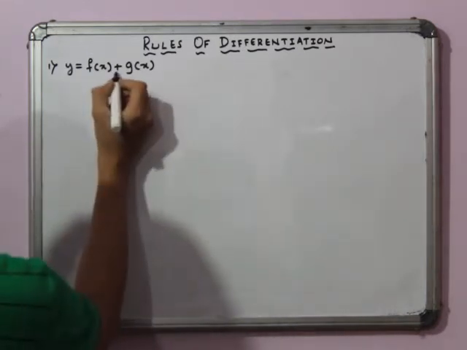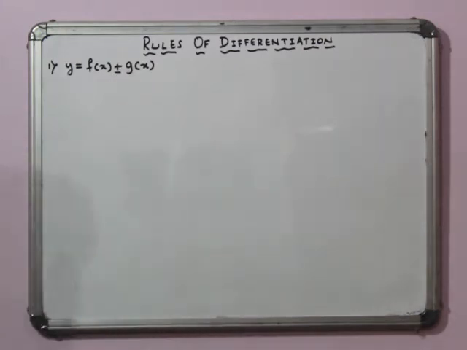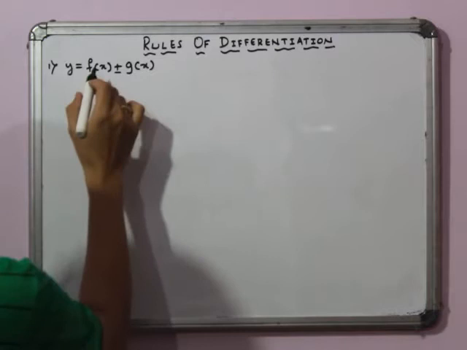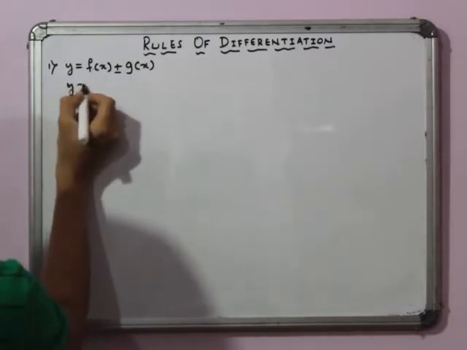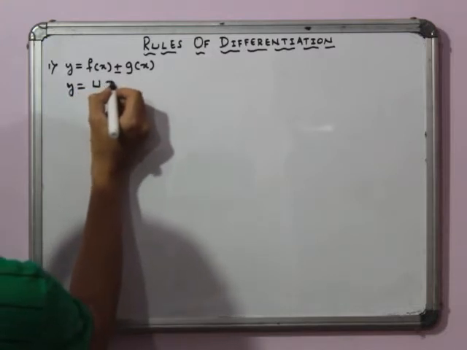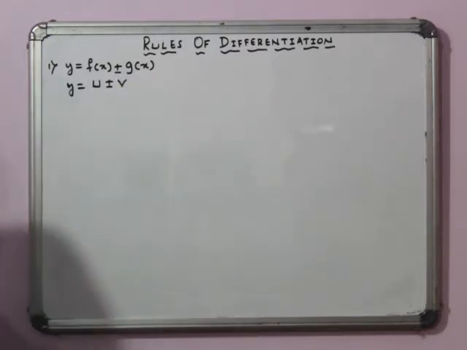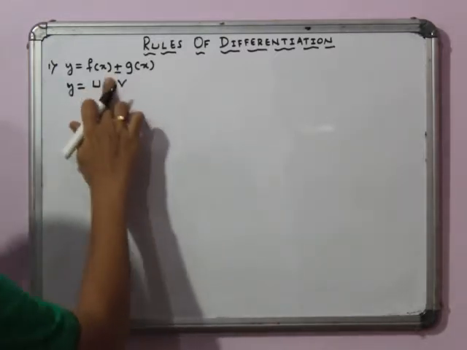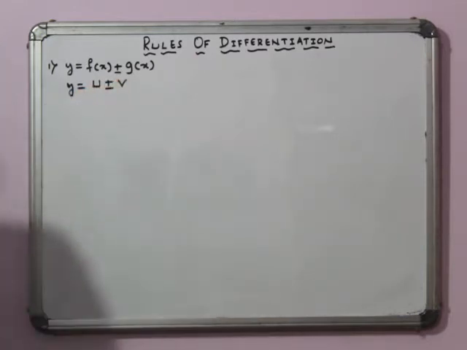In other words, we can also write it as plus or minus. You can write it like this: y is equal to u, a function of x, plus or minus v. So instead of f of x, I have written u, and instead of g of x, I have written v. Okay.